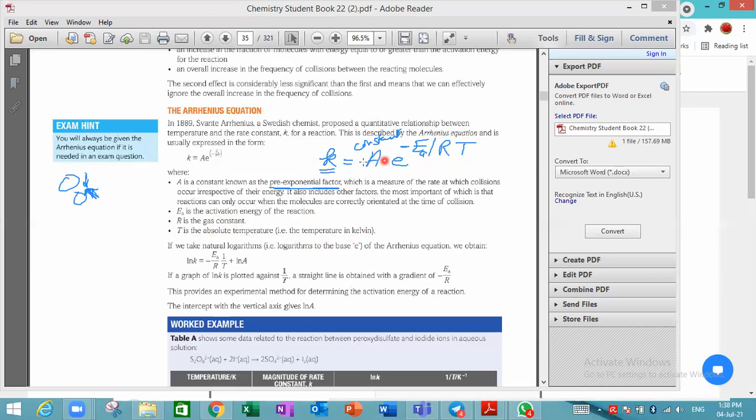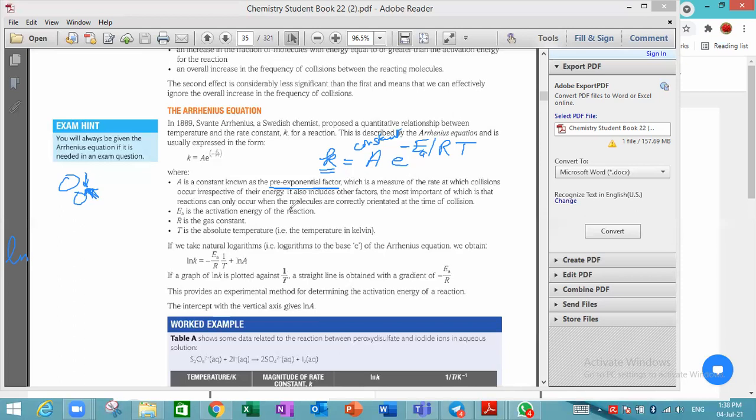So if we take the ln of both sides, you know ln is like the logarithm, but it's the natural logarithm.